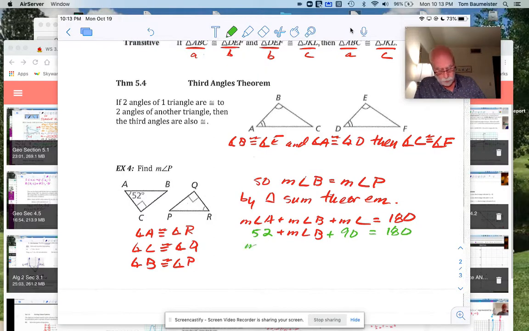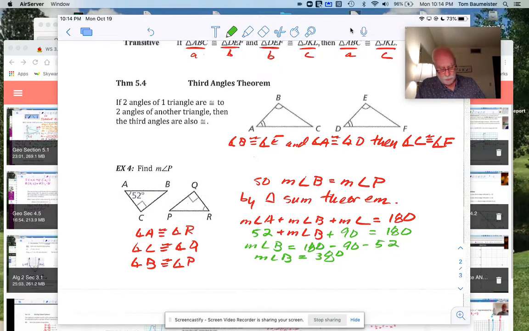So we know that the measure of angle B, to get it by itself, I have the 180 on the other side, but I would subtract the 90. I would subtract the 52. So we know that the measure of angle B is equal to 38 degrees.